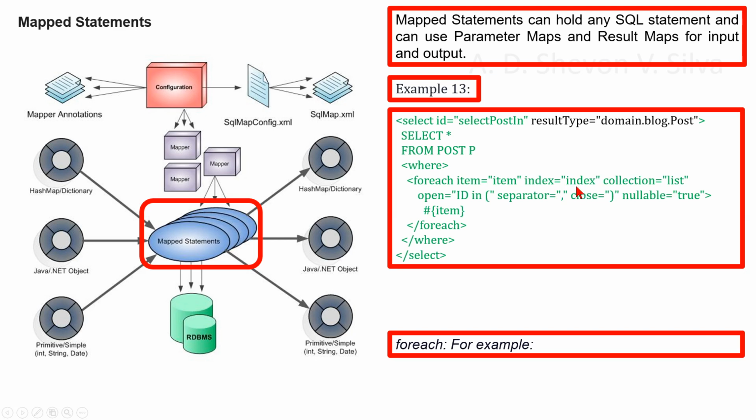When using a Map or a collection of Map.Entry objects, index will be the key object and item will be the value object. This wraps up the discussion regarding XML foreach here.